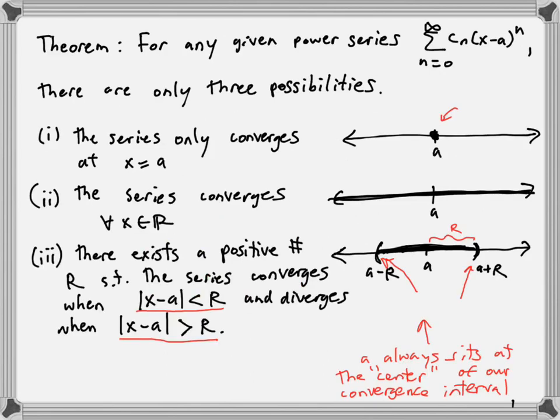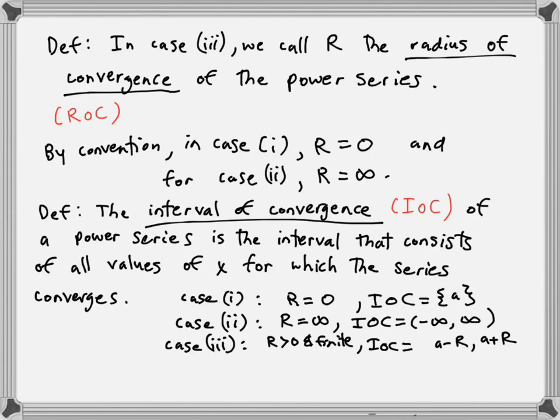And so, what does that mean? That means that at the edges, we do not know. So there are actually 4 possibilities here. What are the 4 possibilities? The 4 possibilities are that we maybe don't converge at either one.